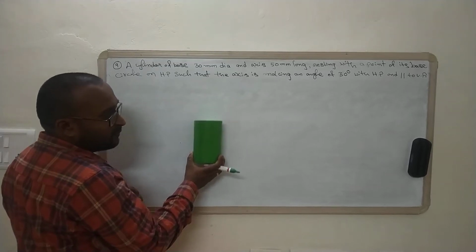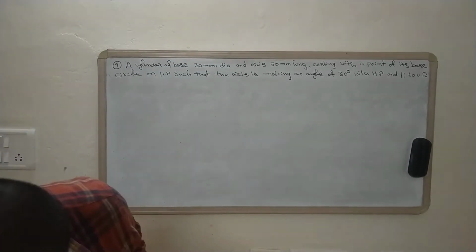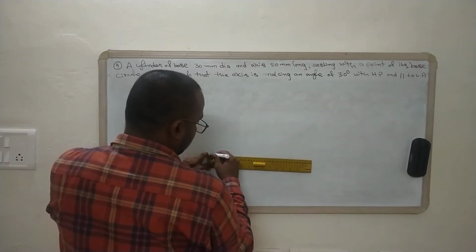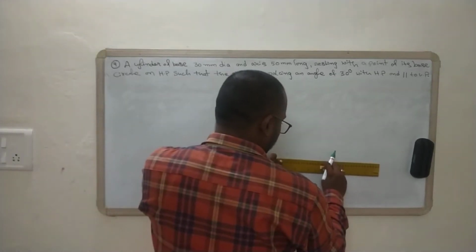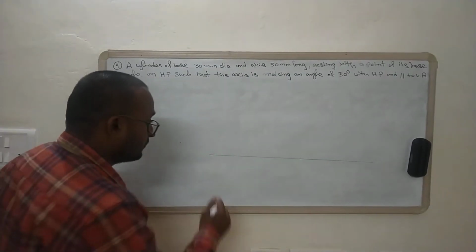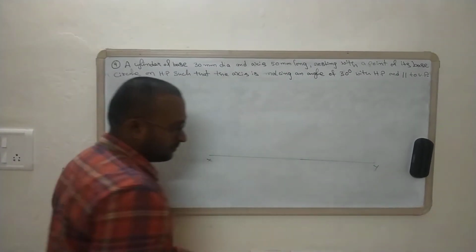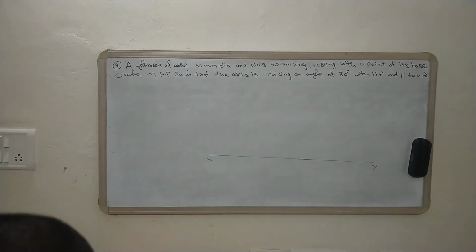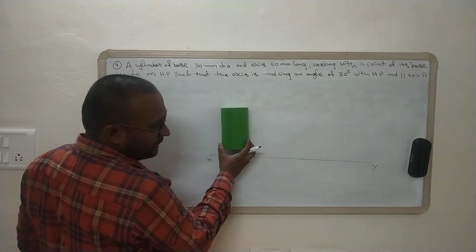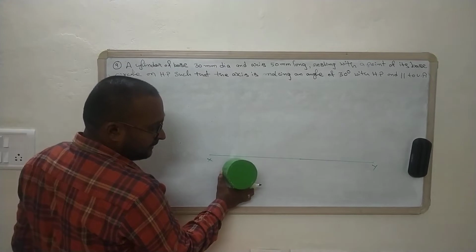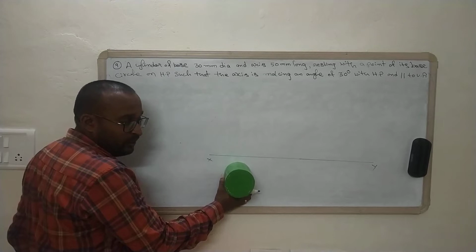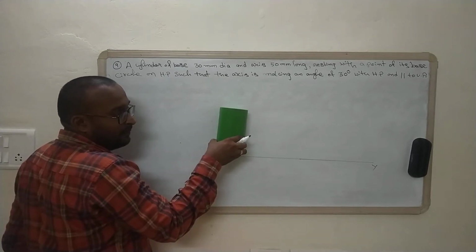Here this is the front view of the given problem. That is the initial step, and then the top view at the initial position when the axis is perpendicular to the HP and parallel to the VP, right?